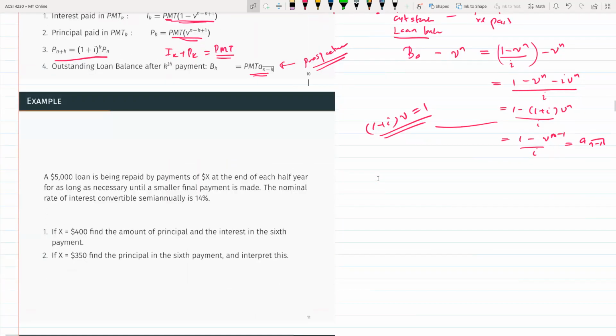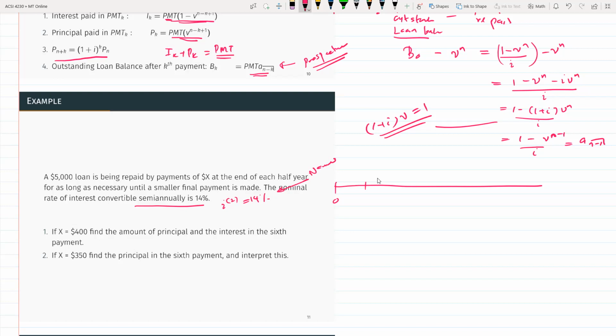Okay, so here we can see an example. A 5,000 loan is being repaid by payments of X at the end of each half year for as long as necessary until a smaller final payment is made. The nominal rate of interest convertible semi-annually is 14%. So if I draw the timeline, you can see right away the rate is 14%, and it's nominal.